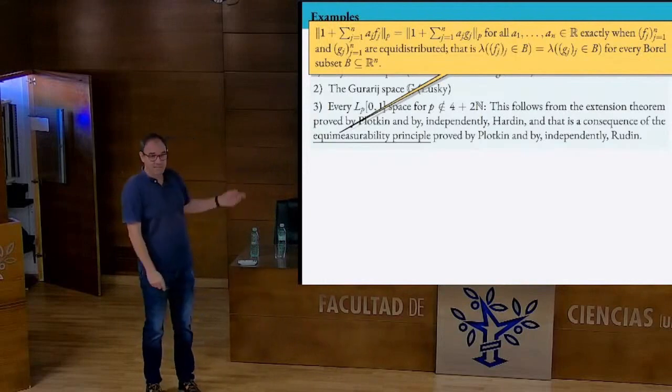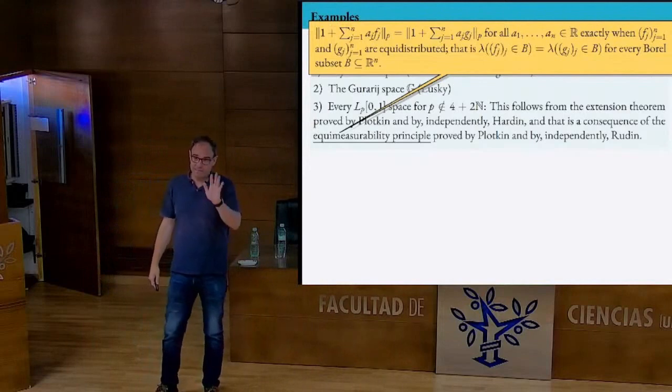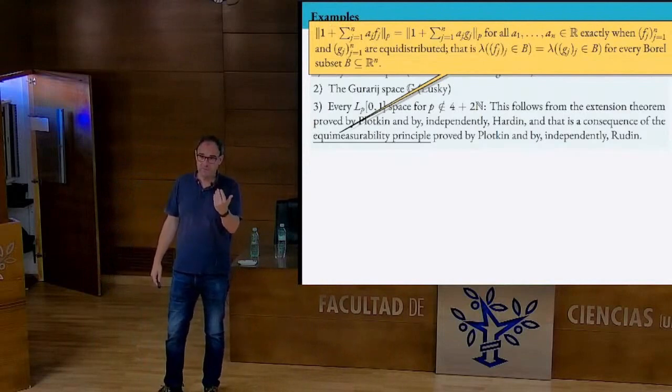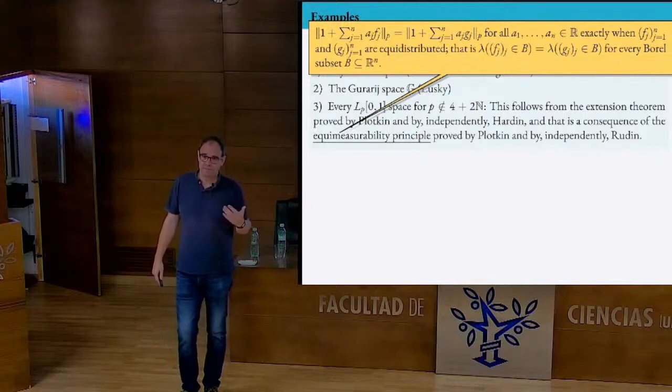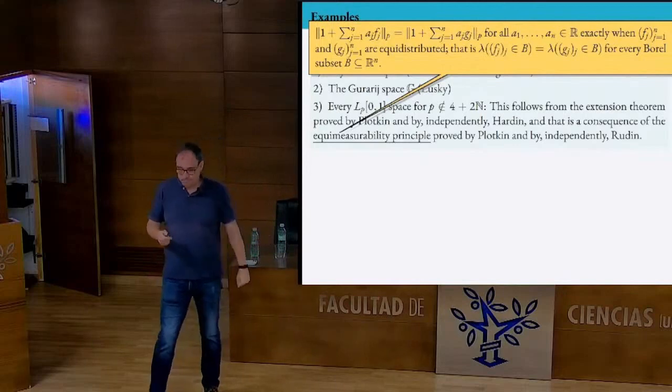So what it says is that the isometry is exactly the same, that they have the same joint distribution. Which is kind of odd if you think, and the proof is not easy, but it's true. Okay?